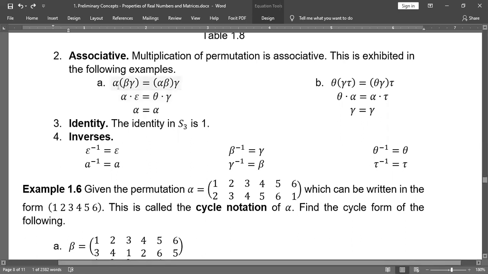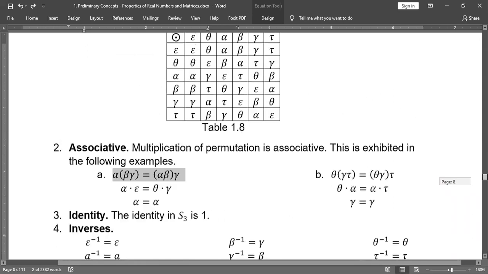So, alpha times beta gamma is the same as alpha beta times gamma. Okay, try natin, no? Tignan natin if we are getting the same value. Ayan, balik tayo sa table.